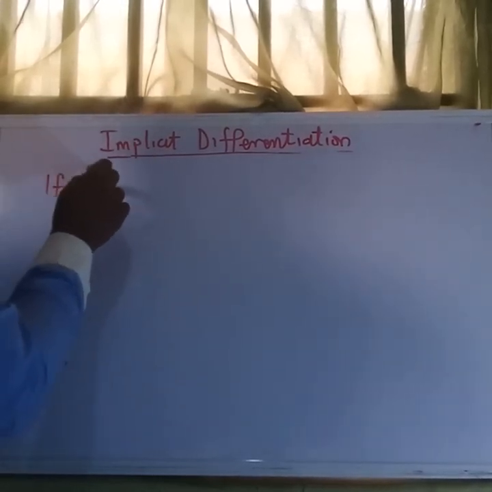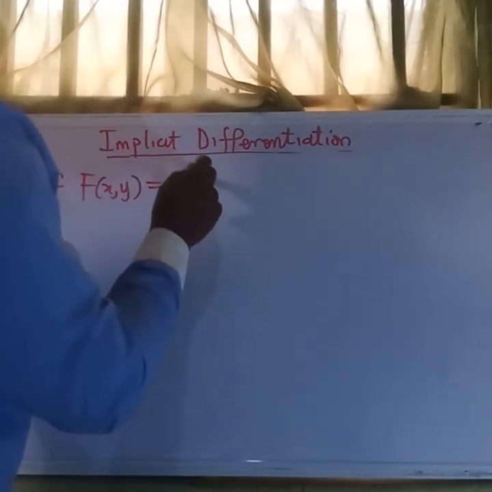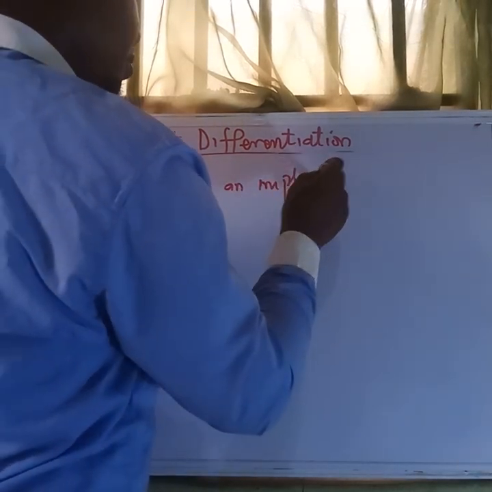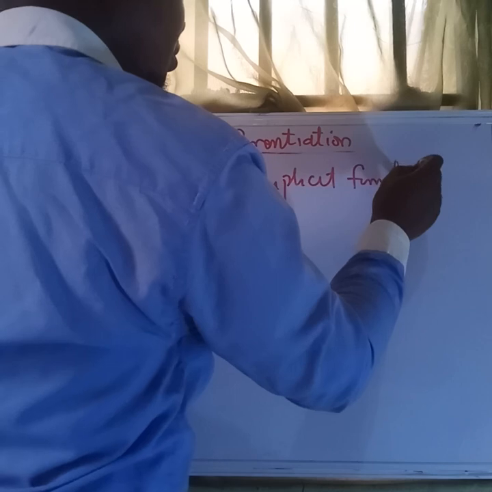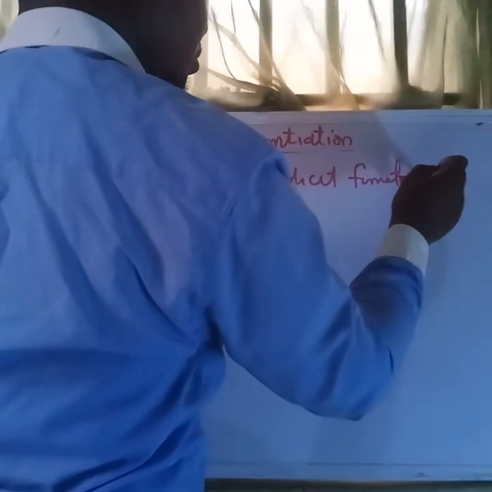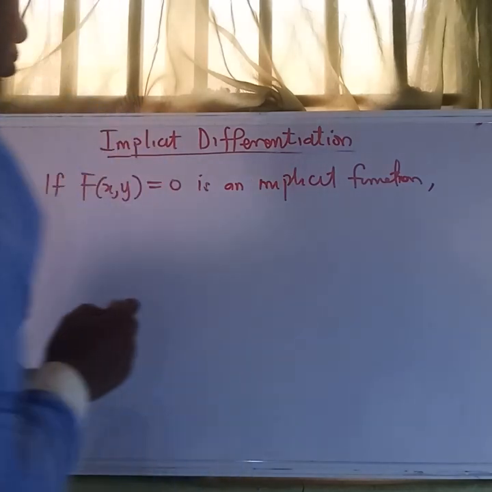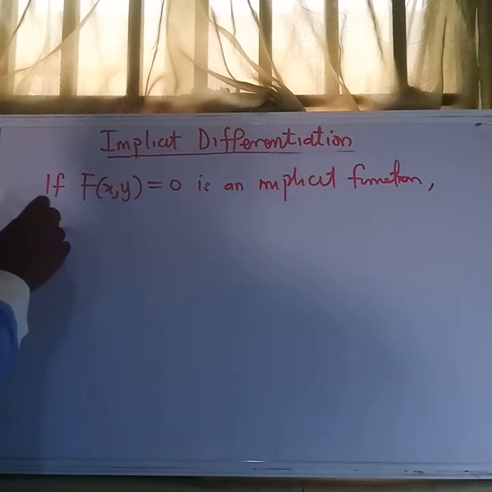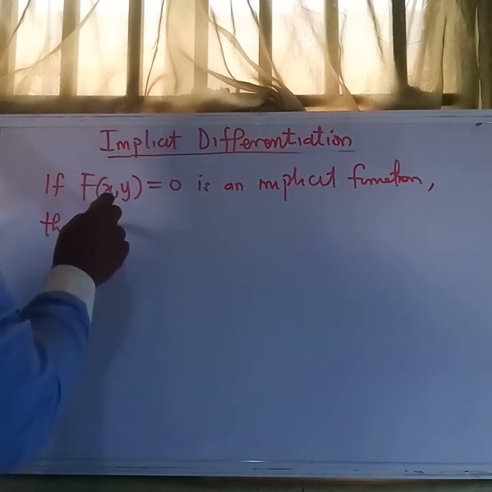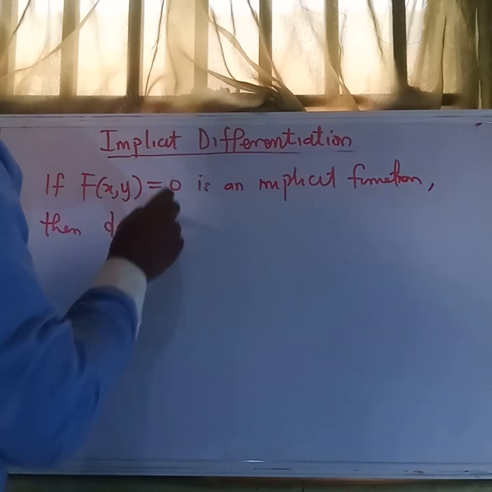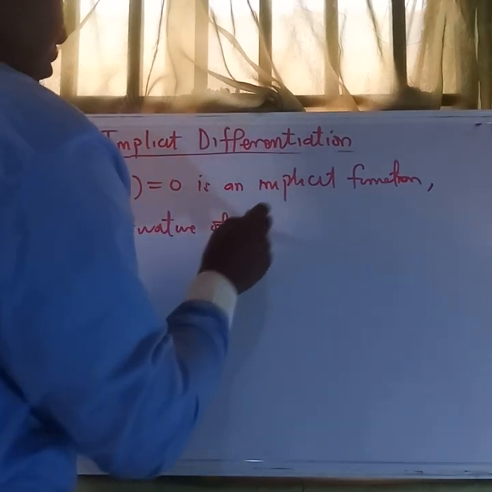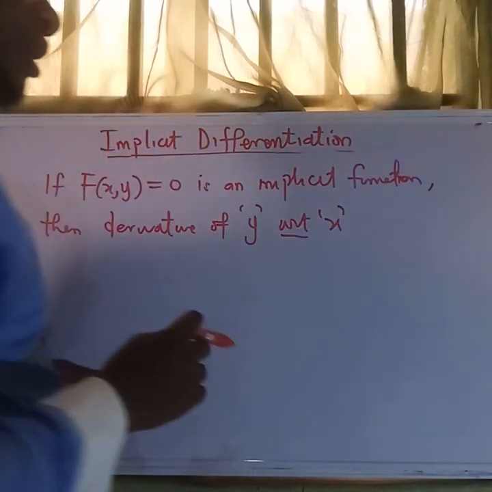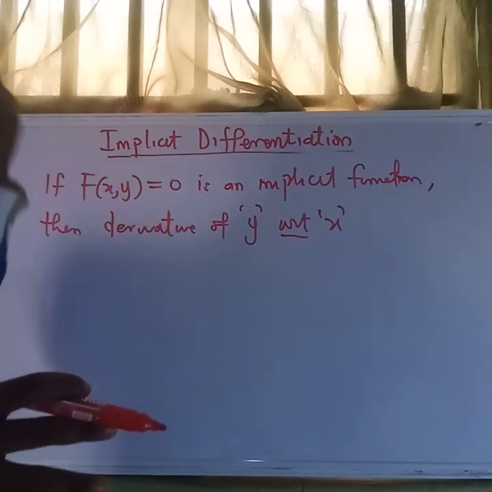If f of x, y equals 0 is an implicit function, then the derivative of y with respect to x, that is the primary aim, the primary aim is to get dy/dx.